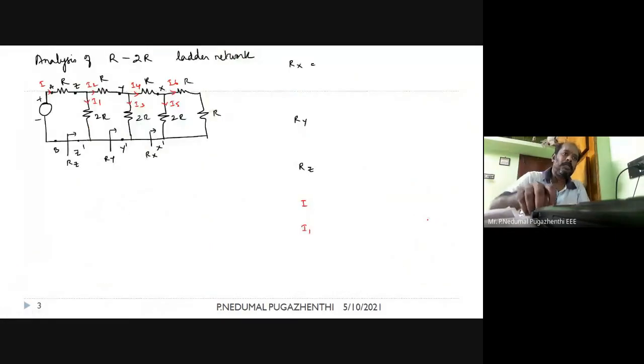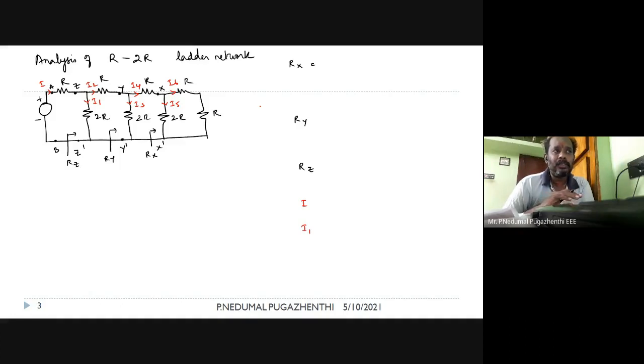Let me switch over to a network which has R and 2R as the only resistances. In the previous case I had different resistors, R1, R2, R3, R4, R5, R6 up to R8. It is again a finite ladder network, but the combination is R, 2R, R, 2R.